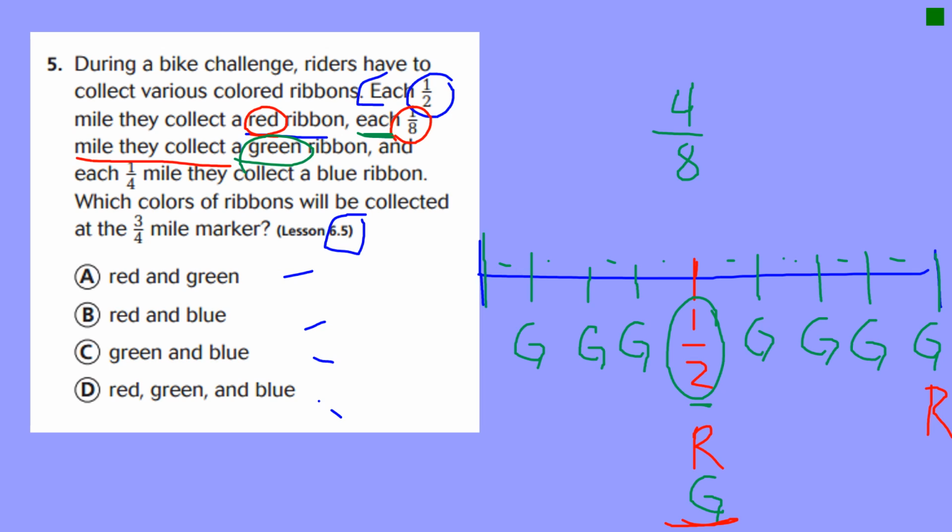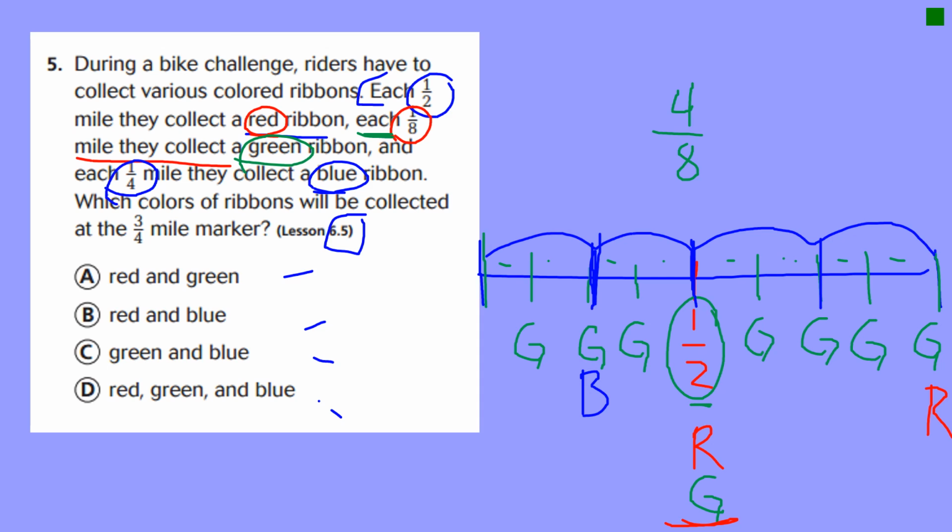All right, let's see. They get another color. Oh yeah, they get a blue ribbon. Each 1/4 mile, they get a blue ribbon. So 1/4 mile, boom, boom, boom, right? 1, 2, 3, 4. Okay, so blue ribbon. Oh, look at this, guys.